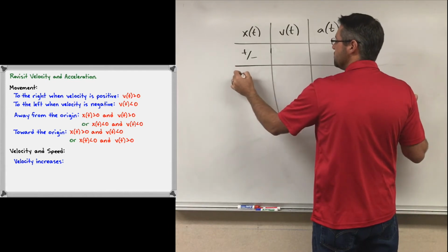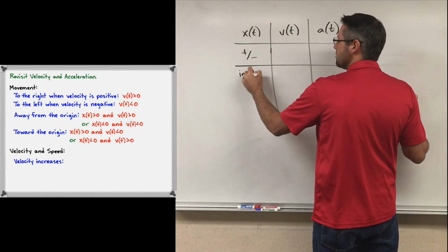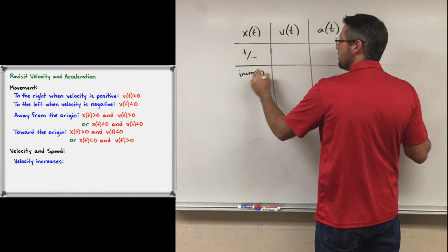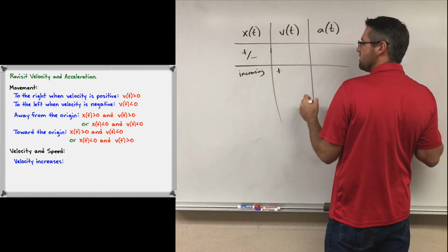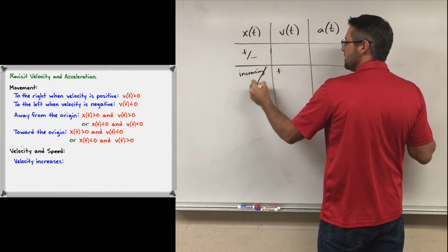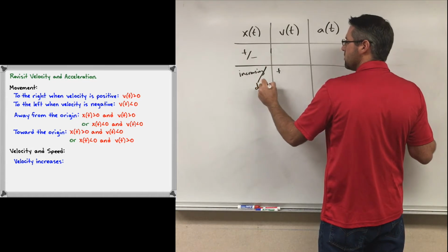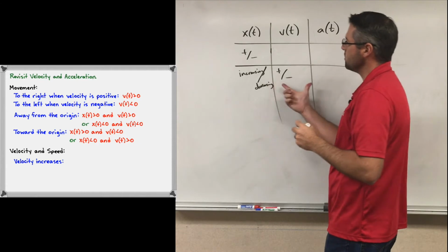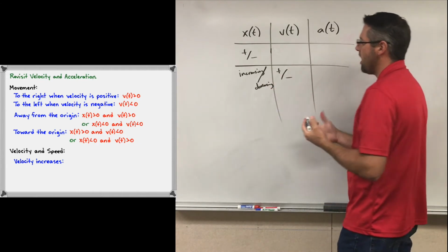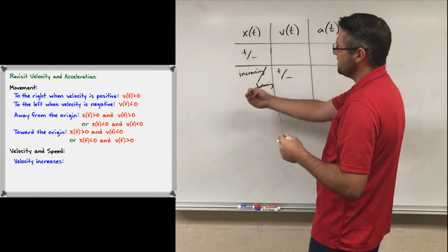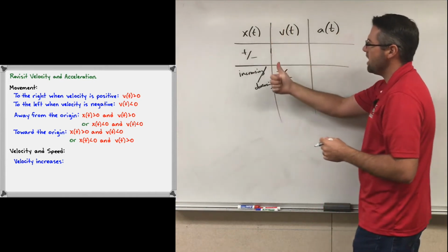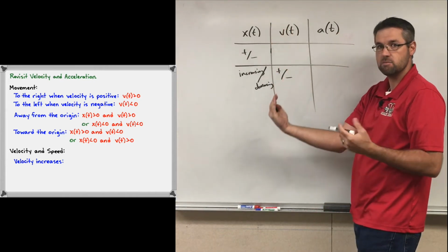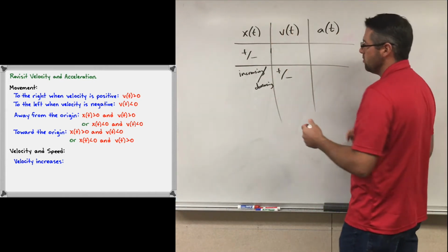If position is increasing, that implies velocity is going to be positive. And if position is decreasing, that implies velocity is going to be negative. So we have this relationship here, and we've seen that in a graph. If I'm looking at a position graph and I see it going uphill, that implies that the velocity is positive because position is increasing. The slope is positive.